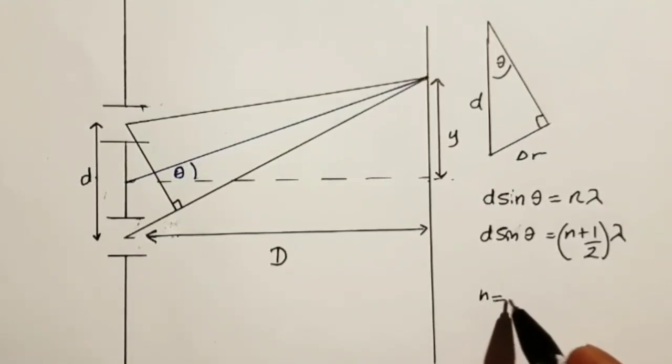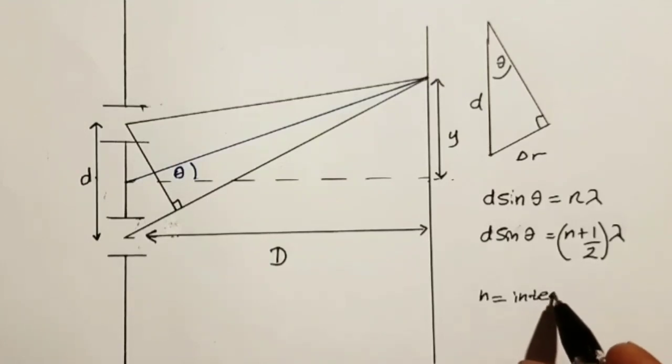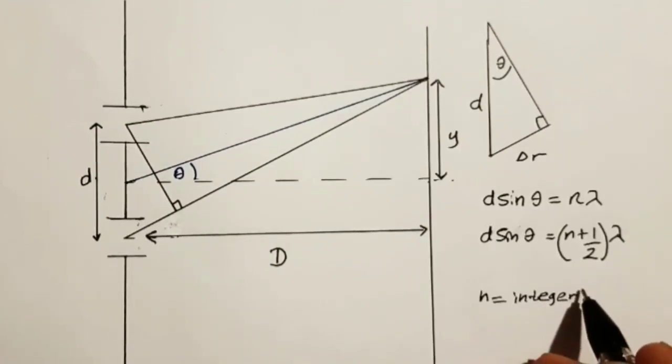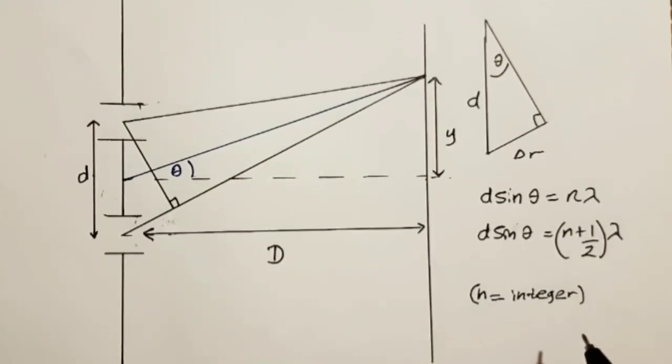So n could be 0 to plus infinity, but only in the range of 1, 2, 3, 4 and so on. This cannot be 2.3 or 3.8 because those are not integers.